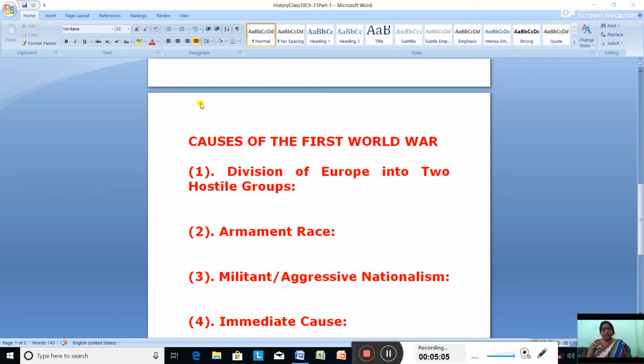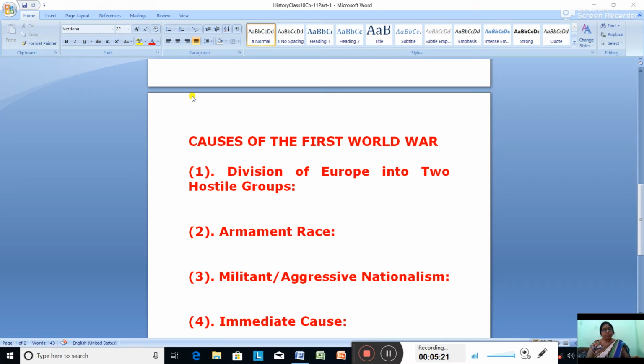As a result, if one country increases its armament, the other country is compelled to do the same. So it filled the atmosphere with fear, apprehension, and mutual hatred.